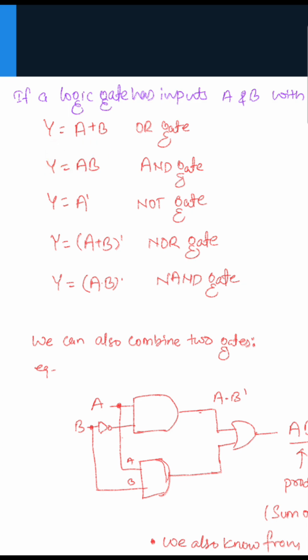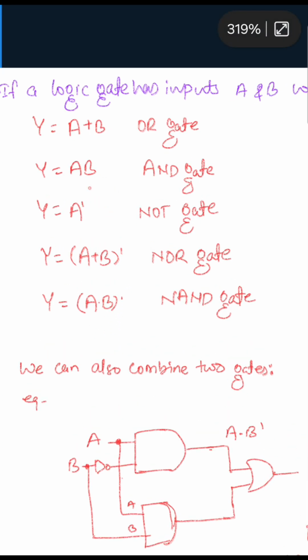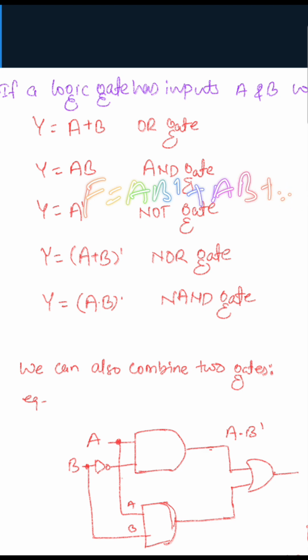If the function is a little bit longer, mostly f is used to represent, for example, f is equals to a b bar plus a b plus something like that. And for output of the logic gates, generally y is used to represent the output. Simply it's a variable and you can use or choose any of the variables as you like.